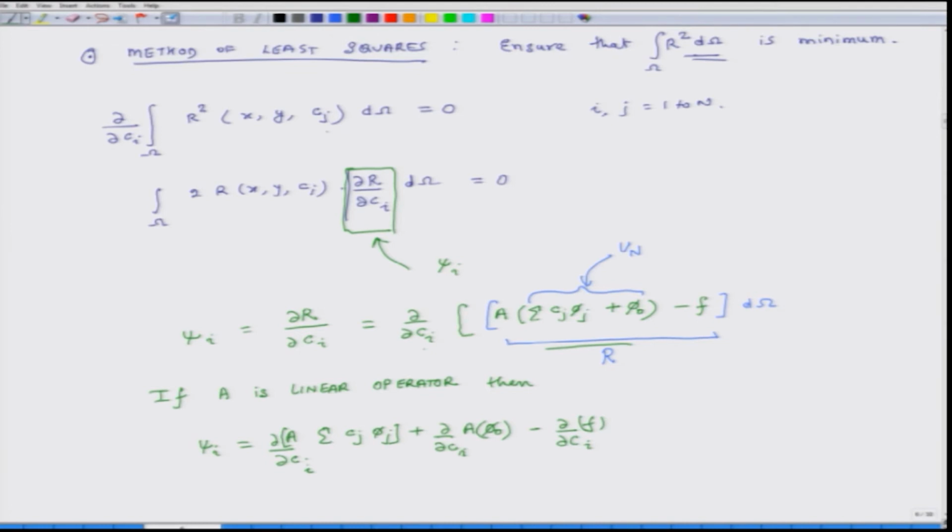So, if it is a linear operator, first thing I can do is separate it in Cj and phi j. That is what we had defined several lectures back.